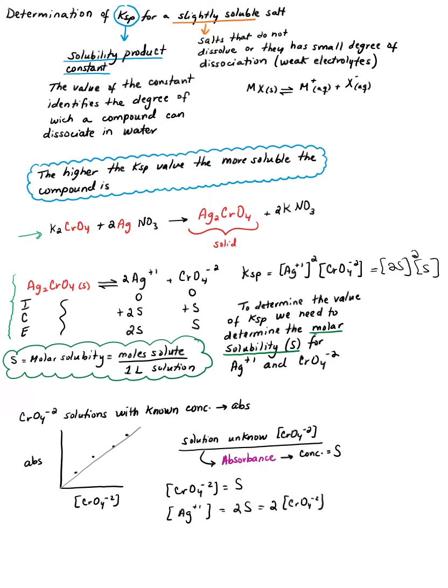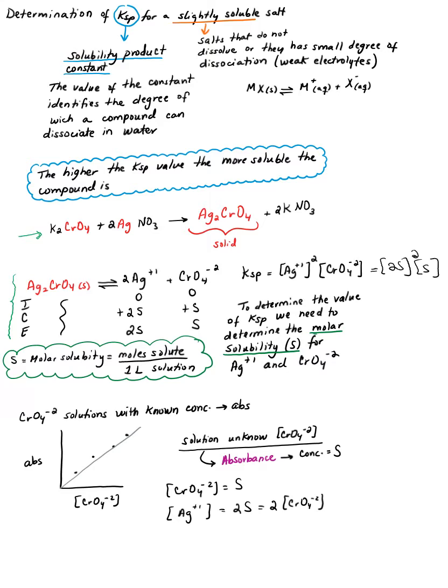So we are going to do that by determining the concentration of the chromate ion in solution. We're going to have a set of standard solutions that we know the concentration of. We're going to measure the absorbance for those solutions, and we're going to prepare a graph. That graph is what we're going to be using to find the concentration of your unknown solutions.